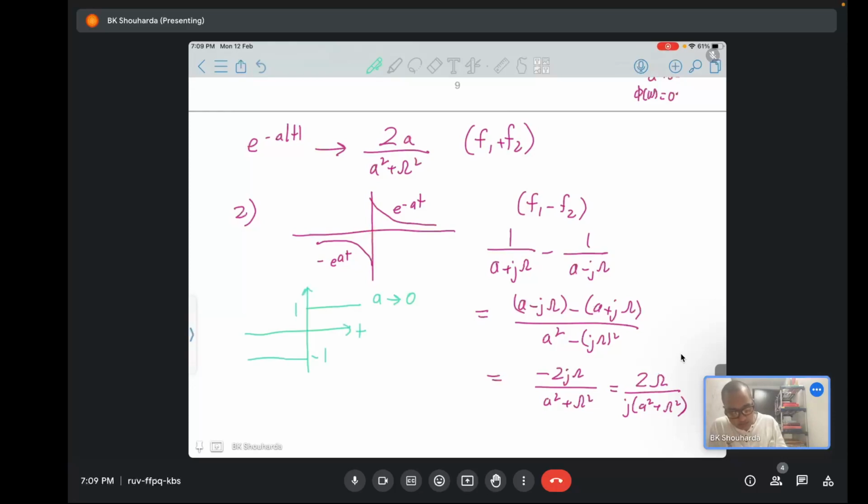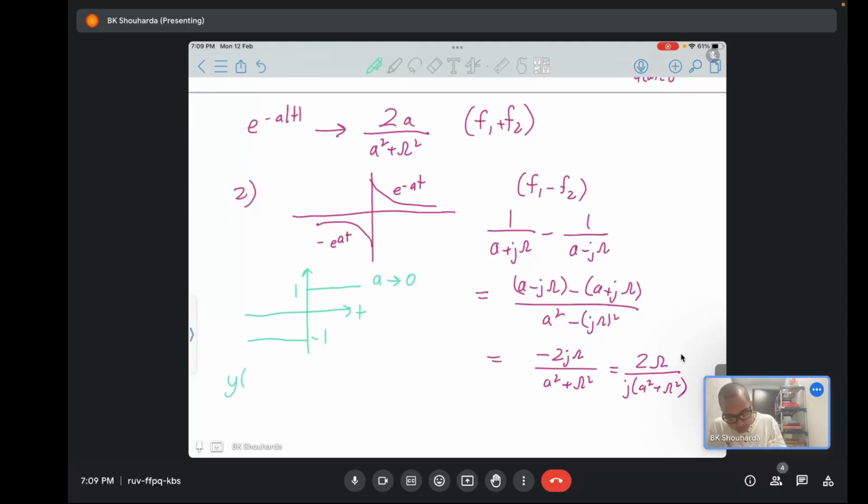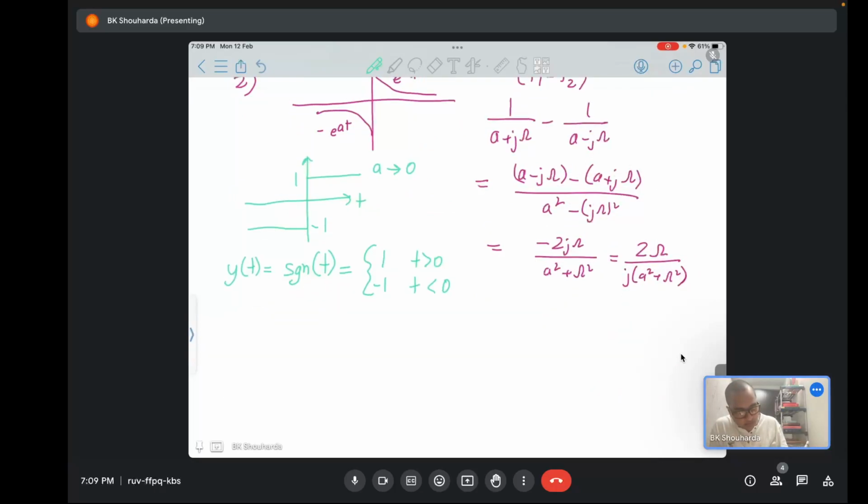So what is this signal? This signal is called the signum function, which is 1 for t greater than 0 and minus 1 for t less than 0. So if we let a tend to 0, what are we getting?